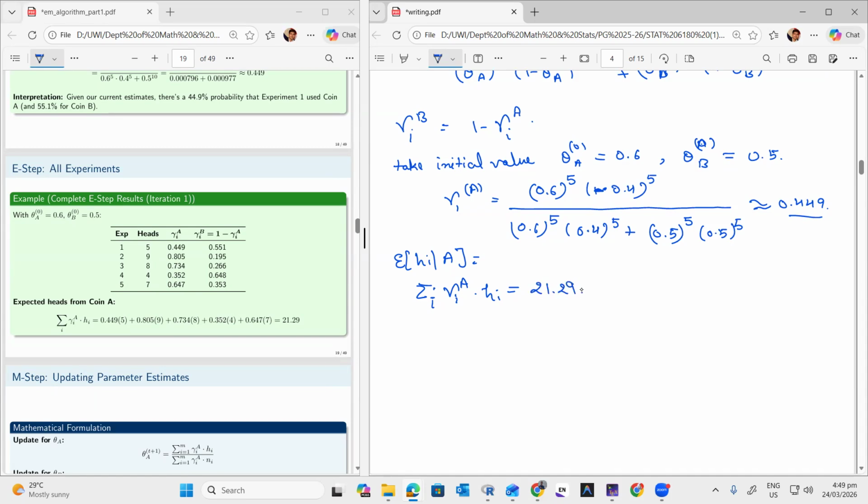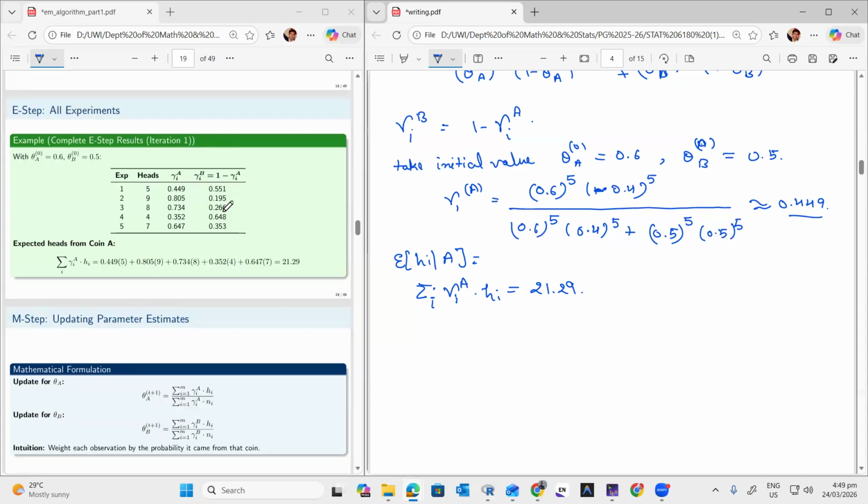That is the expectation. So that is the expected number of heads from coin A. All right.